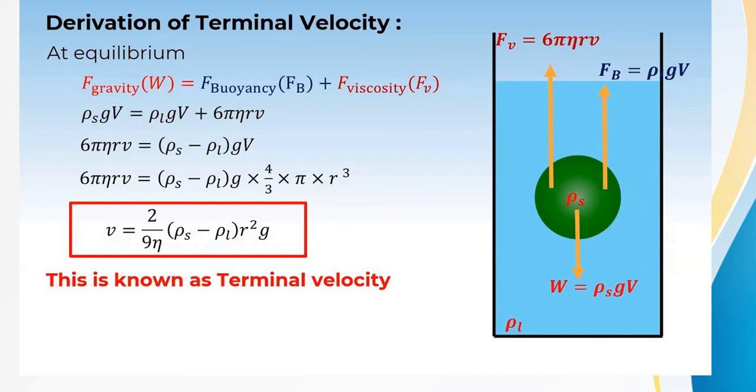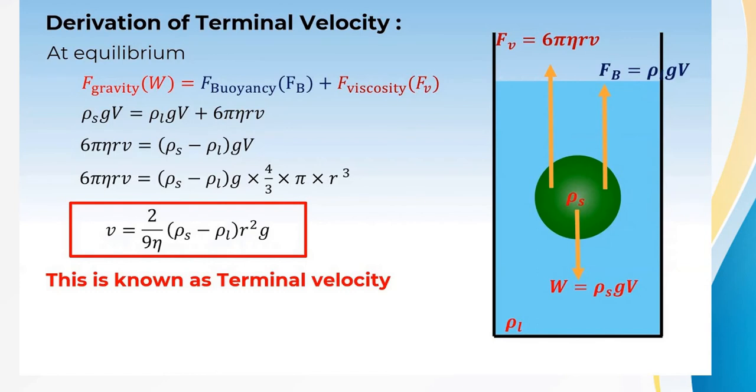The terminal velocity v can be written by taking all the remaining terms to the right-hand side, with 6 eta in the denominator. One r cancels, pi cancels, and 4 and 6 cancel to give 2 in the numerator and 3 in the denominator, and there is one more 3 from the 4 by 3. So the final expression for terminal velocity is v equals 2 by 9 eta into rho s minus rho l into r square g.